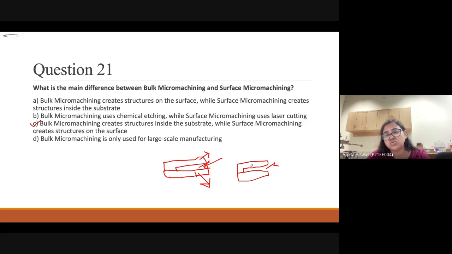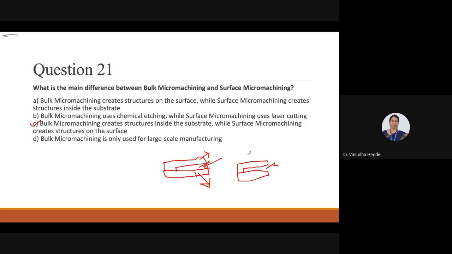So all these things, the deposition and the etching, I am doing on the surface of the wafer. So it is called surface micromachining. Okay, so when is it called bulk micromachining? Is it clear, or shall I explain a little bit more?